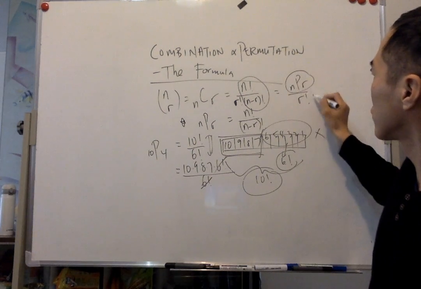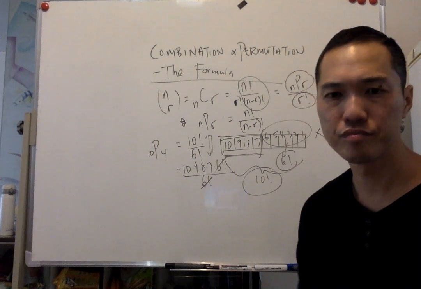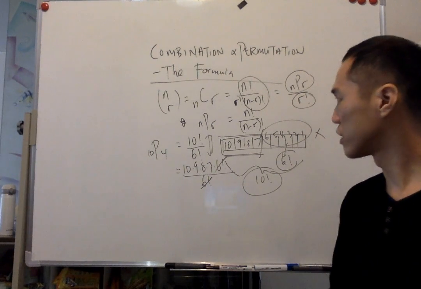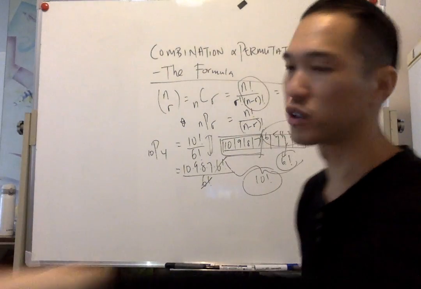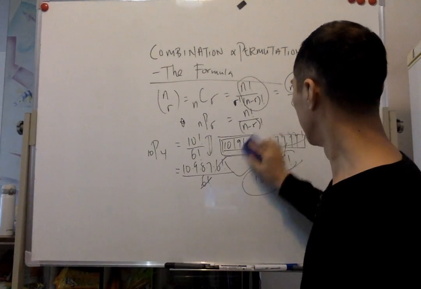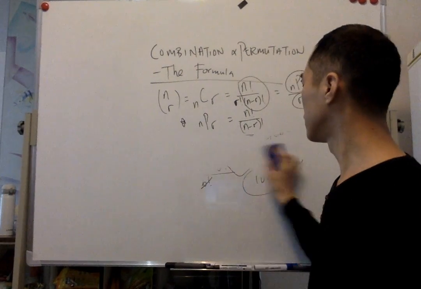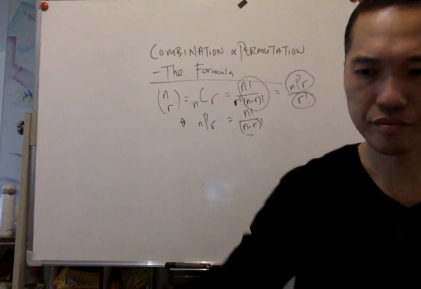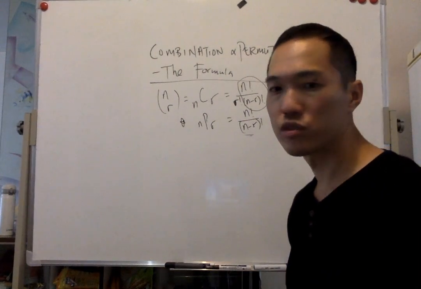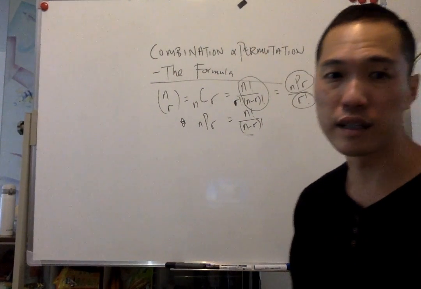If I have this part down, you have the extra r factorial. Now let's try to understand why we divide by r factorial. Let's consider 4 addresses, and you pick any 2.